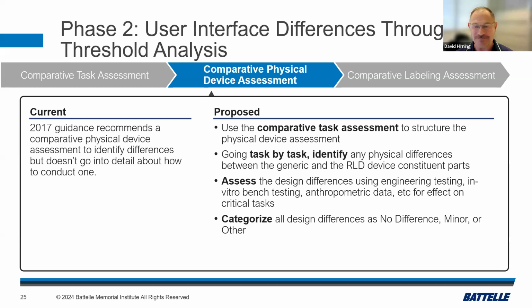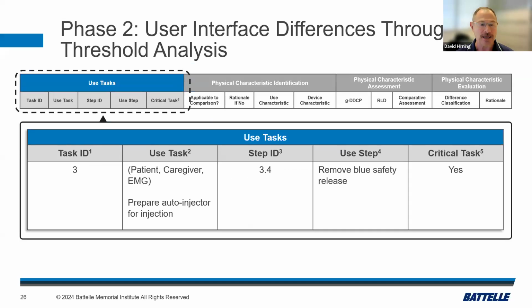Say that 5 times fast. The generic and the RLD delivery device constituent parts are what actually are evaluated. And it's pretty straightforward. You just have to look, you analyze, you may do some engineering tests. There are multiple ways that you pull all the different information together. And we're going to look at an example of that assessment right now.